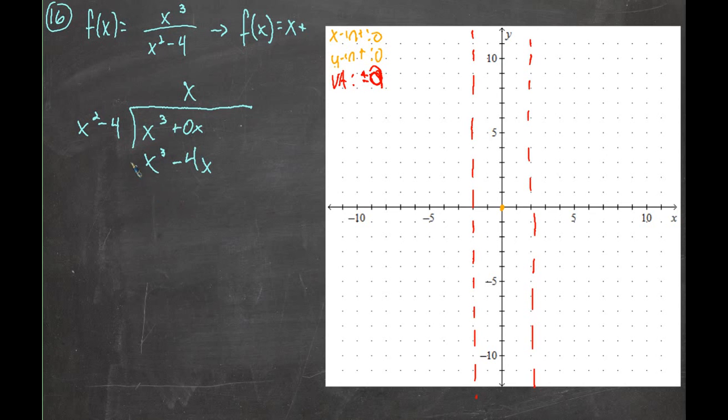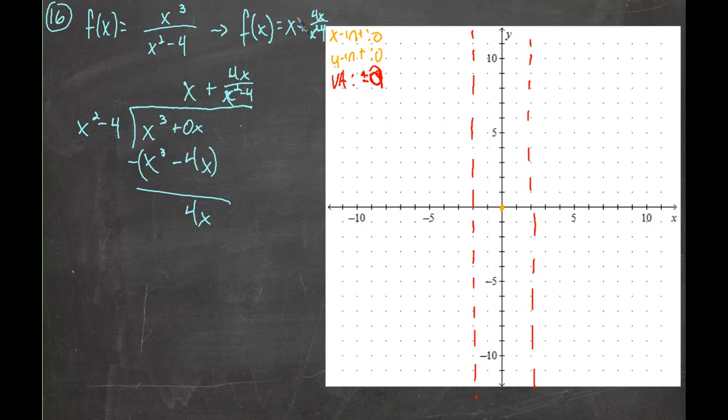So when we subtract, we find that that's a 4x. I cannot multiply x squared by something else to get 4x, so that's just my remainder. So we get a remainder of 4x over x squared minus 4. That's that little piece right here, 4x over x squared minus 4.